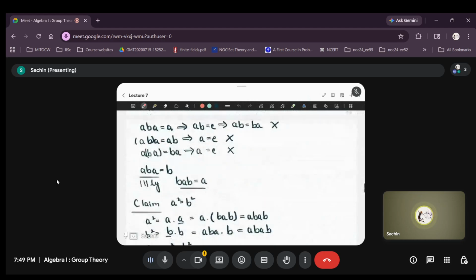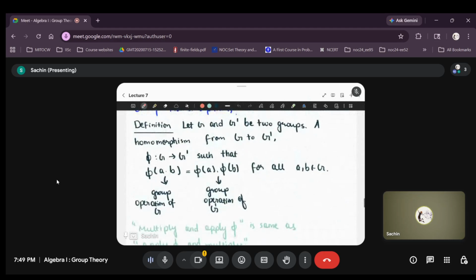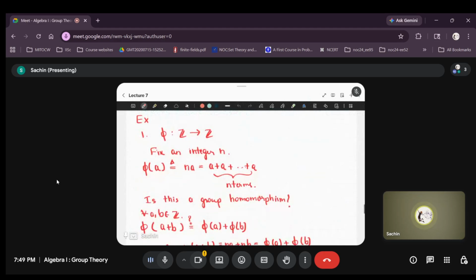No, we started yesterday only. Yeah. So we'll check the kernel and the image for the homomorphisms that we have seen till now.